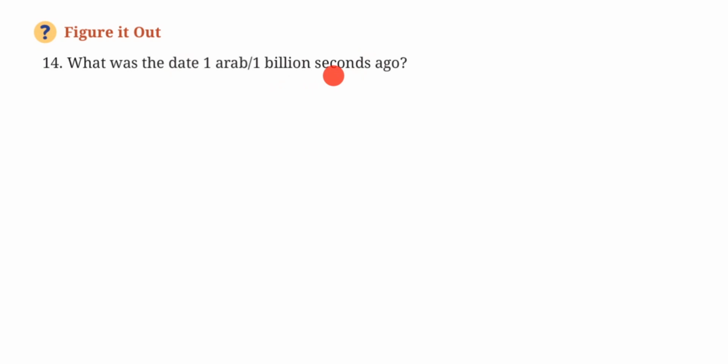So what we will do here, we have to convert this 1 billion or 1 Arab. So first let's write down what is 1 Arab or 1 billion. 1 billion means 100 crore. In 1 crore there are 7 zeros, that is 10 to the power 7.